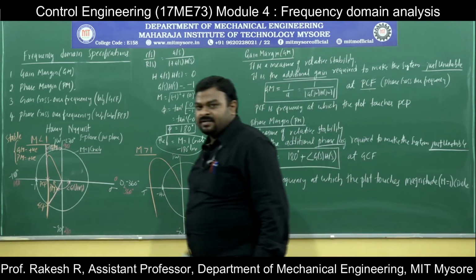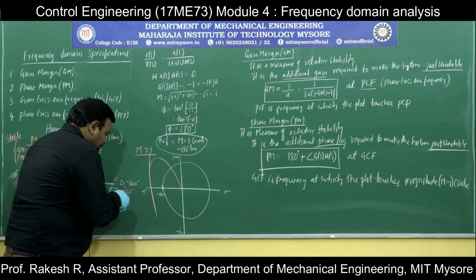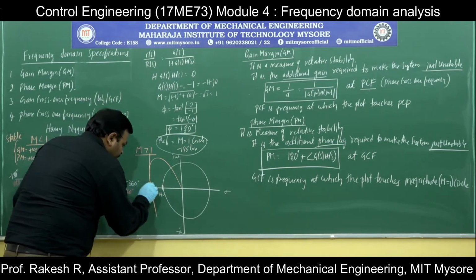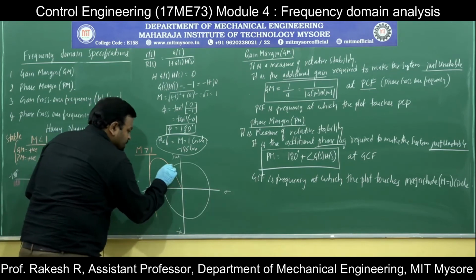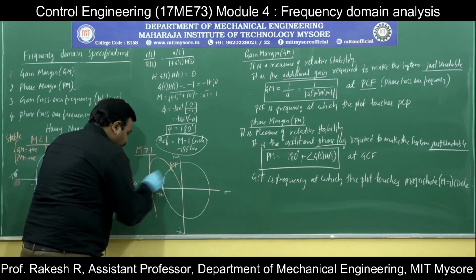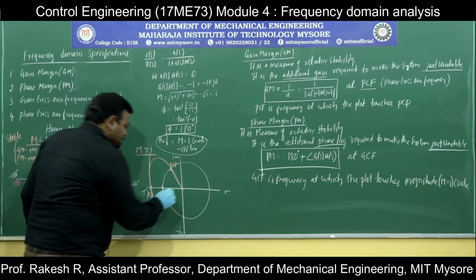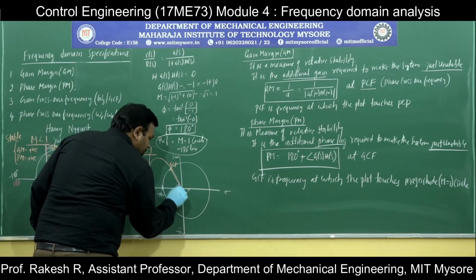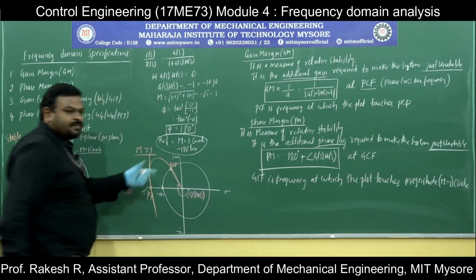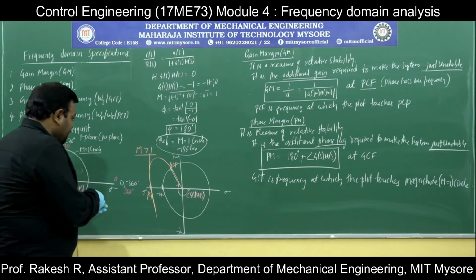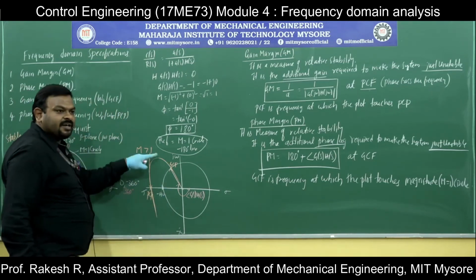Here, this is the phase crossover point. Where is the gain crossover point? This is the gain crossover point. I will join these two, and this is the angle of G(s)H(s). This becomes positive, and here the phase margin is above the minus 180 degree line.